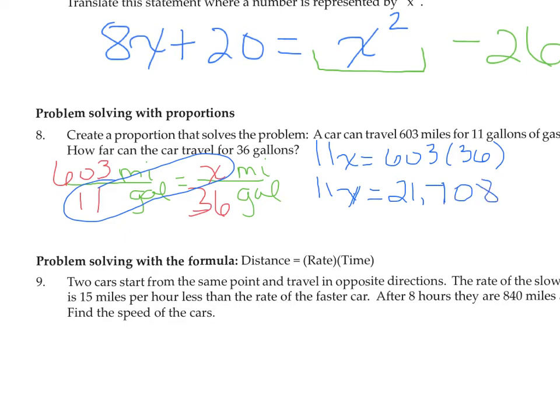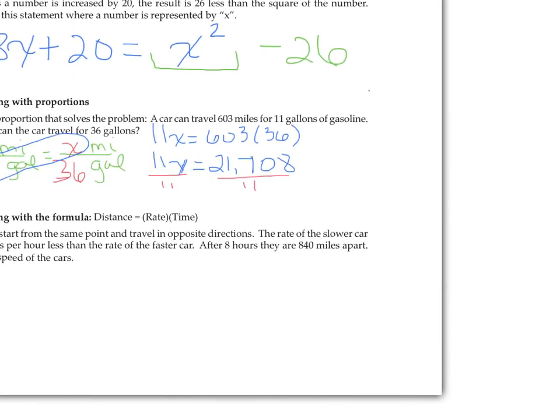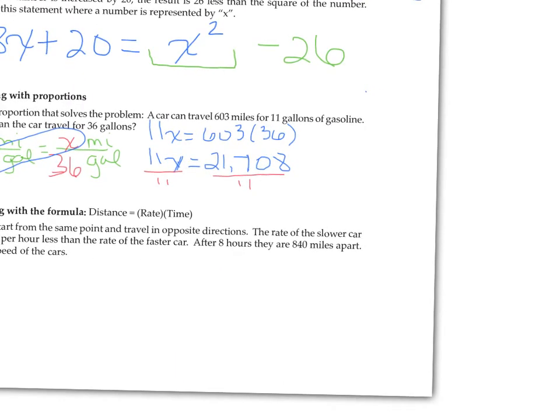So of course, to isolate this x here, we have to divide by 11. So if you do that division off to the side somewhere, you should get x equals 1,973.45, rounded to the nearest hundredth there. And that's a rounded answer. Well, if you're doing the division, you know, it's not going to come out perfect. I rounded it to 2 decimals.